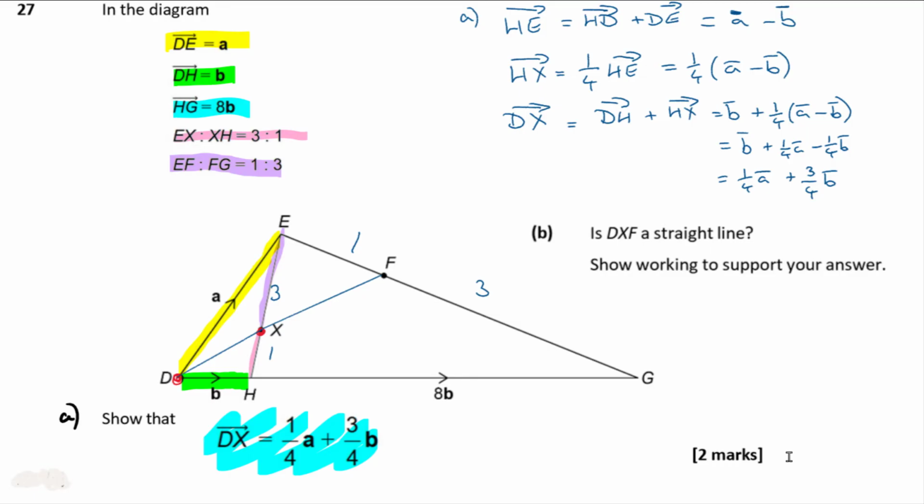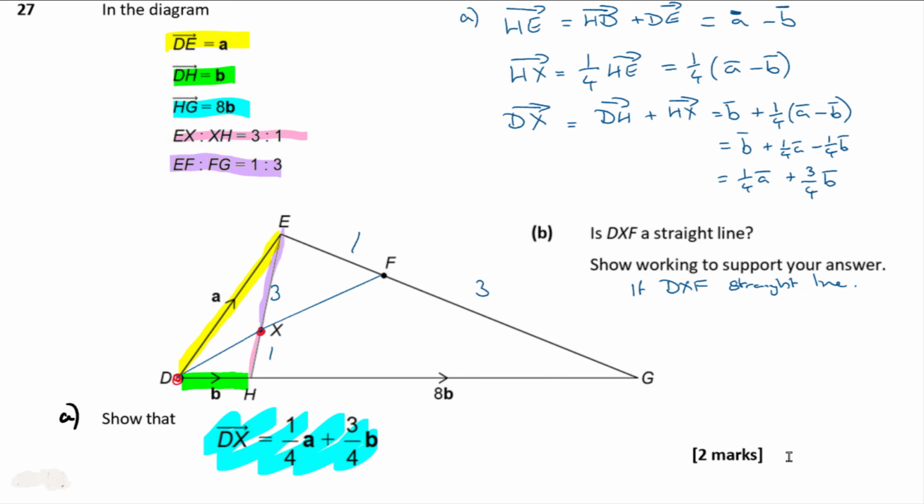Okay, so if DXF is a straight line, now I could show that d to x is a multiple of x to f, or I can go d to x and d to f.